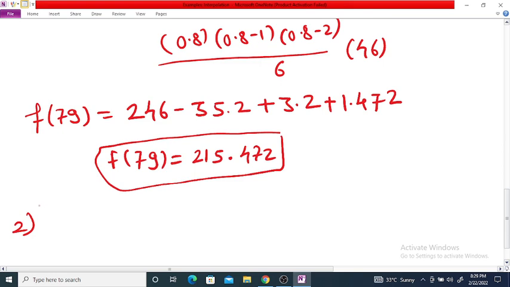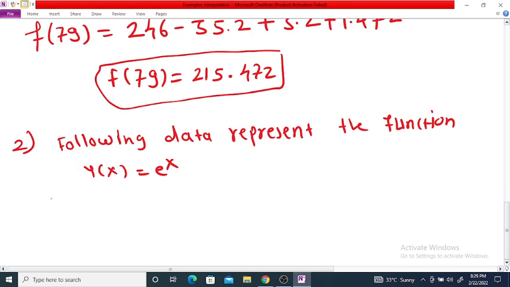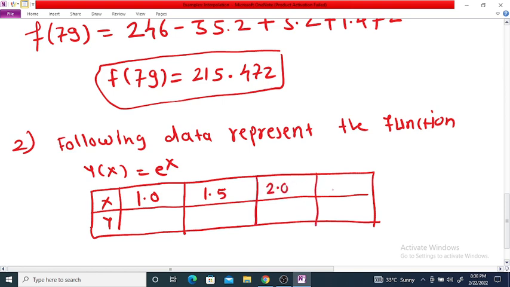The following data represent the function y of x is equal to e raised to x, and the table given is x and y: x is 1.0, 1.5, 2.0 and 2.5.